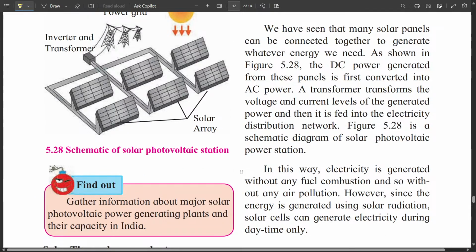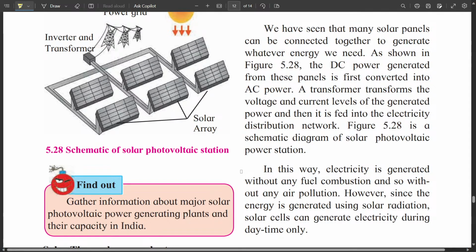We have seen that many solar panels can be connected together to generate whatever energy we need. As shown in figure 5.28, the DC power generated from this panel is first converted into AC power. A transformer transforms the voltage and current level of the generated power, and then it is fed to the electricity distribution network.